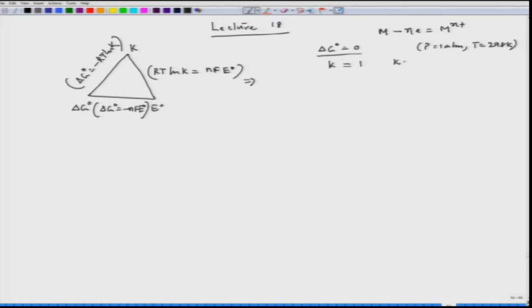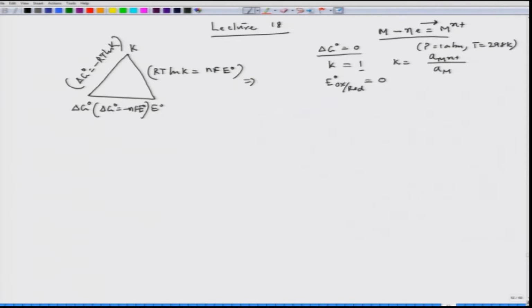K is nothing but the activity of Mn plus by the activity of M. Now, when delta G0 is 0, then we see E0 ox red equal to 0.